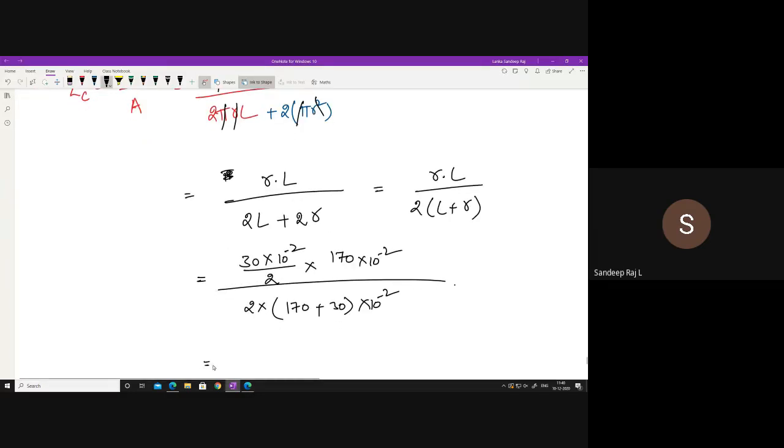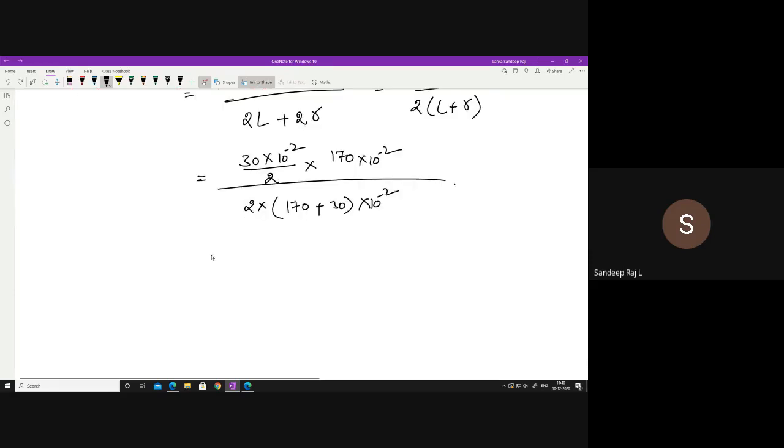So you tell me what is this Lc value now. 0.0689 meters. Okay, that is the Lc value.